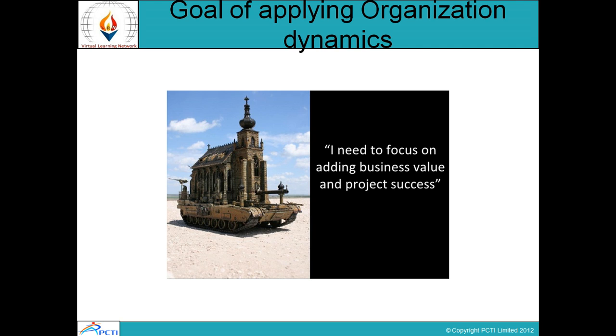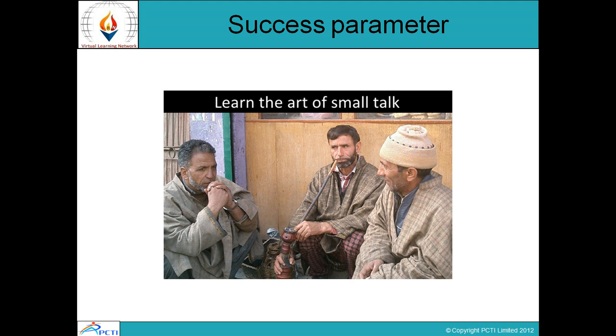Under organization dynamics we have to think about those parameters, the driving forces that can build up our business and add more value to it. And what are the factors which are actually responsible for the success of a project? All these things are discussed inside organization dynamics.